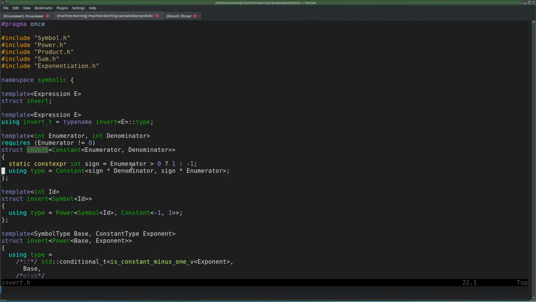And then, yeah, inverting a rational is just swapping the enumerator and denominator, but we need to keep the denominator here positive. So if the enumerator is negative, then I'll multiply that with -1, and then it's positive again. Just fix that one. Inversion of a symbol becomes the power of that symbol to the power of -1.